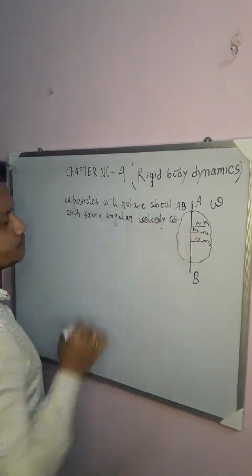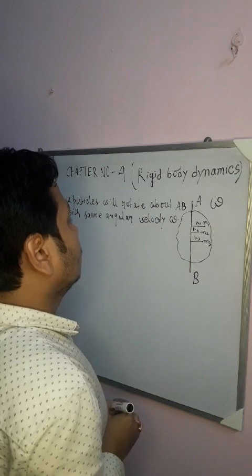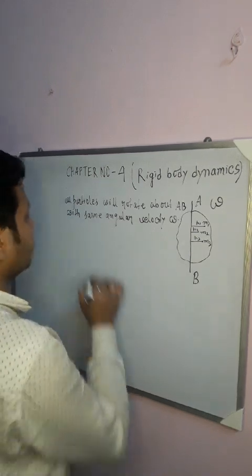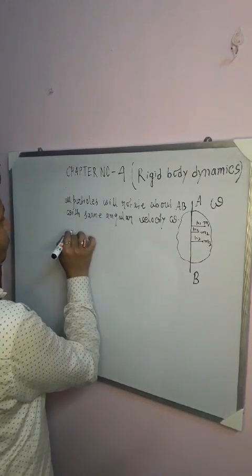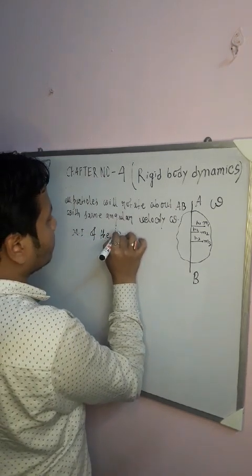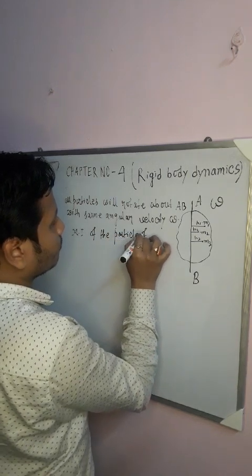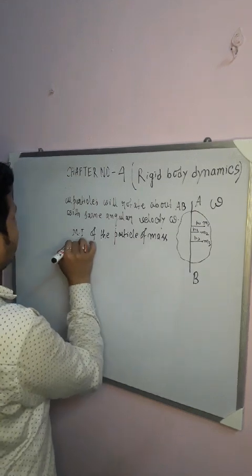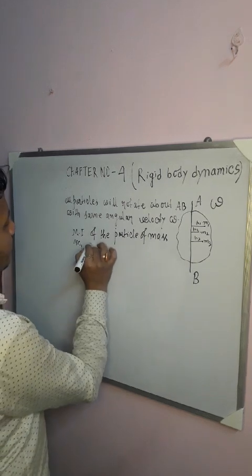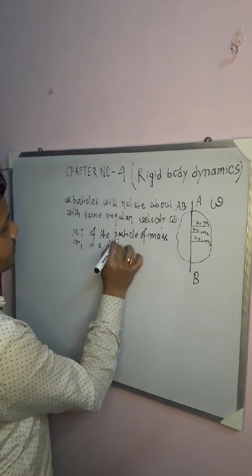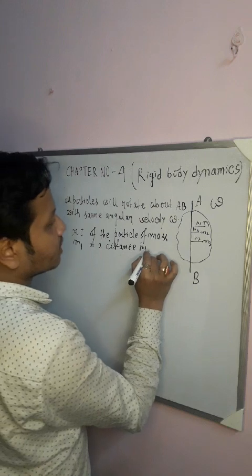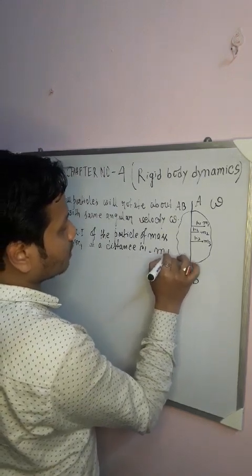What will be the moment of inertia of the particle of mass m1 at a distance r1?